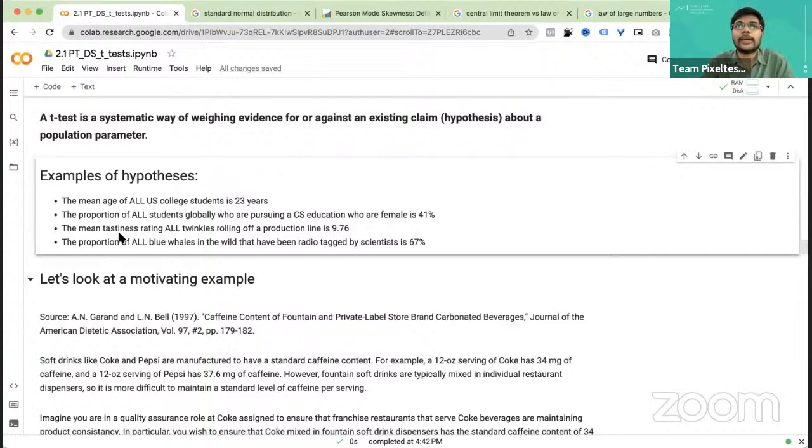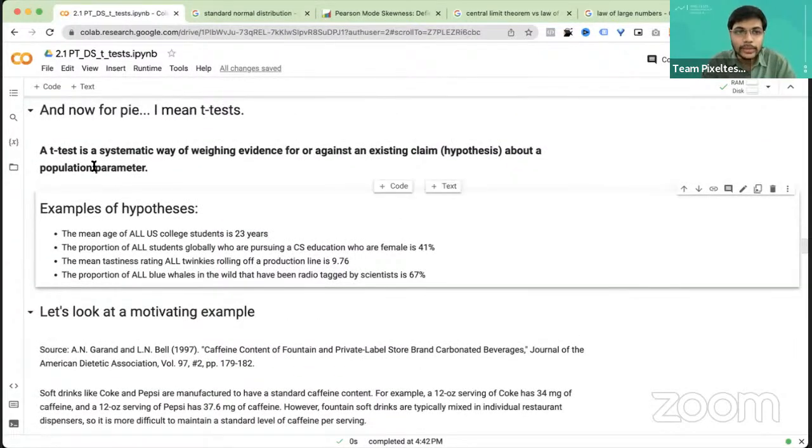You can visit a school and say, I think the average grade of this particular school's students is, say, 56. So it is a hypothesis. Then you go ahead and test whether the hypothesis is right or wrong.